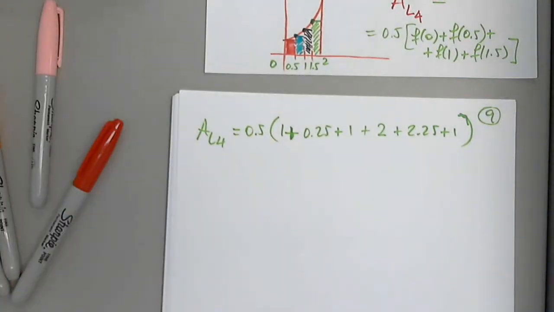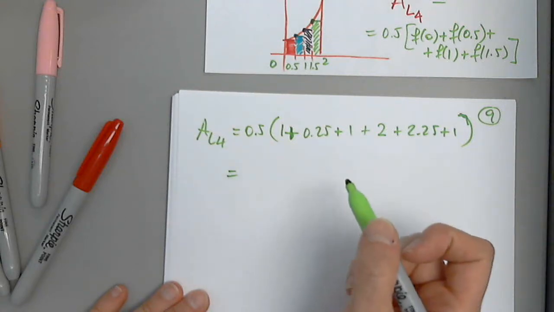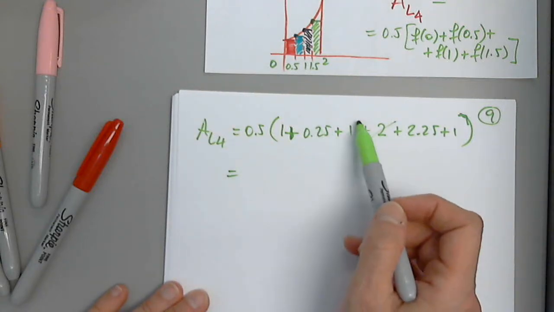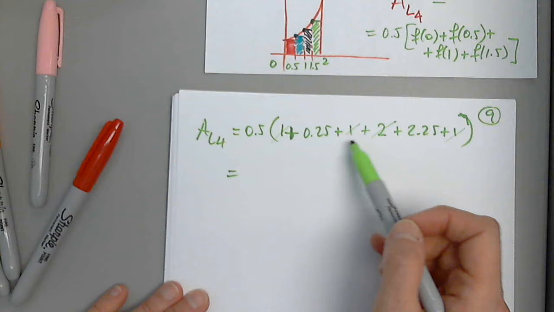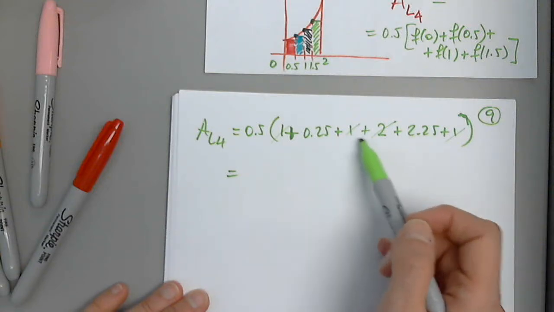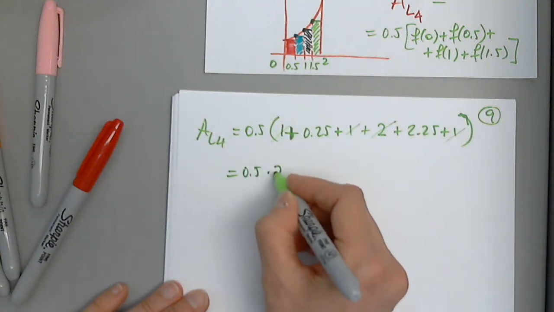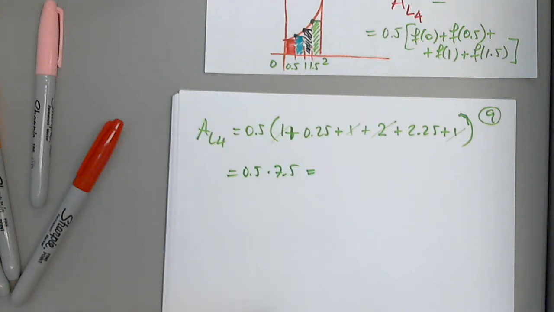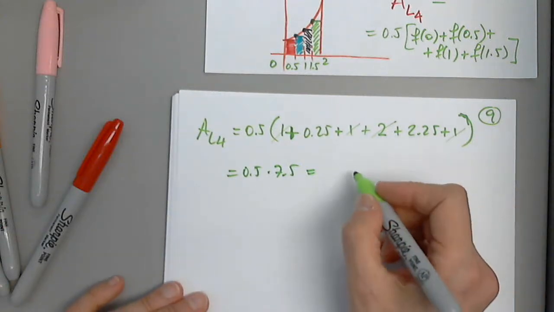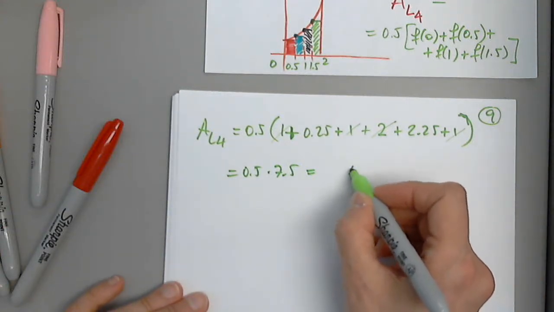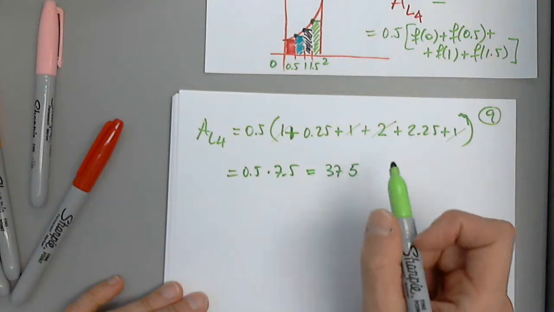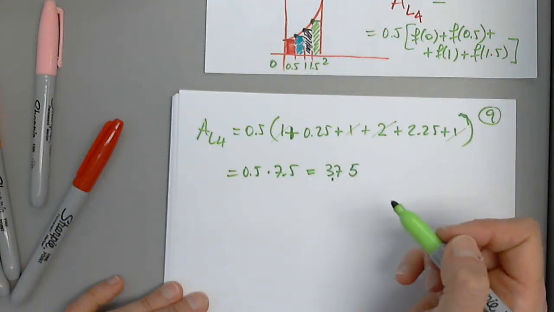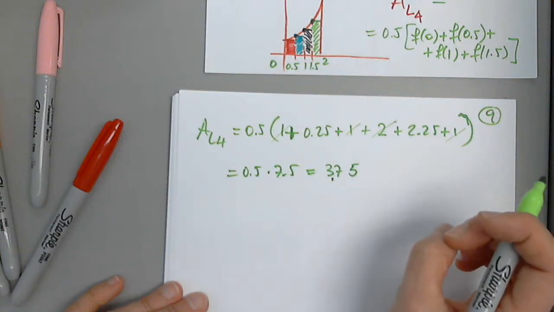So we're adding all these. What do we get? So 2, 3, 4, 5, 7.5. 0.5 times 7.5. Am I correct? Is it 3.75, the area?